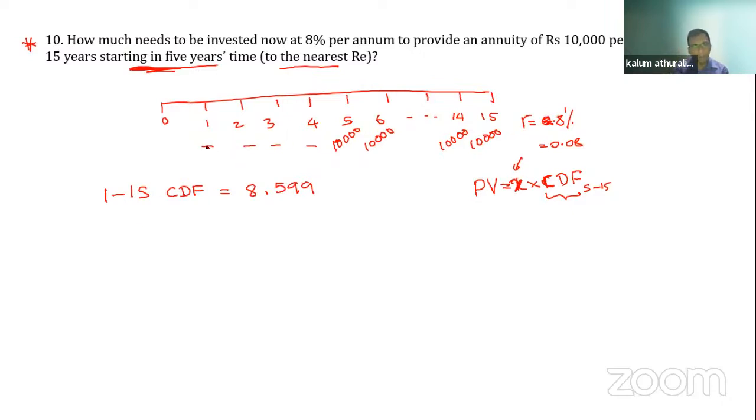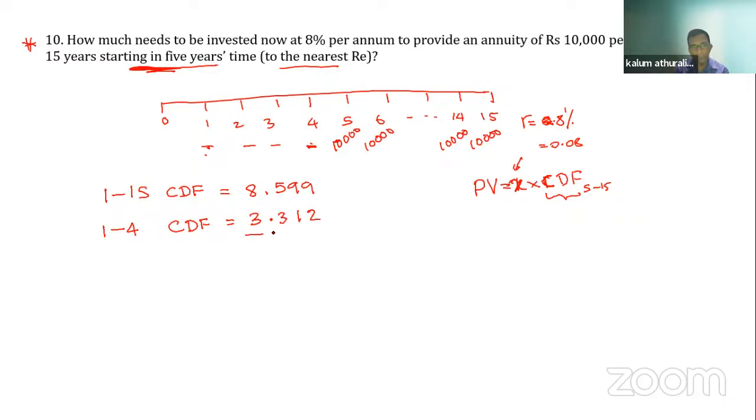Now, for years 1 to 4 there is no payment. So you find the 1 to 4 CDF, the fourth year CDF value, because there is no payment in this period. The fourth value is 3.312.